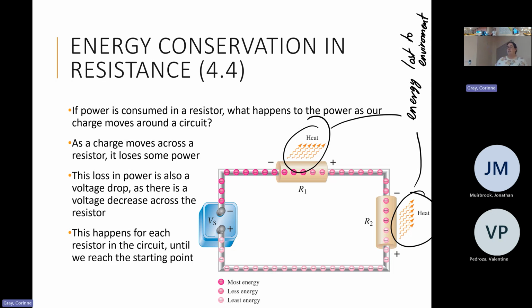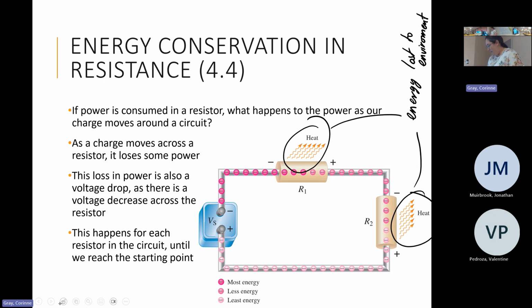As we go across these resistors, not only are we losing energy into the environment, this is where we start seeing voltage values change as well for our charges. And that's what we're going to focus on next week, to start figuring out how that voltage behaves as we go around the resistor.